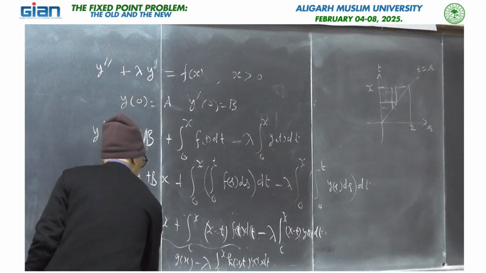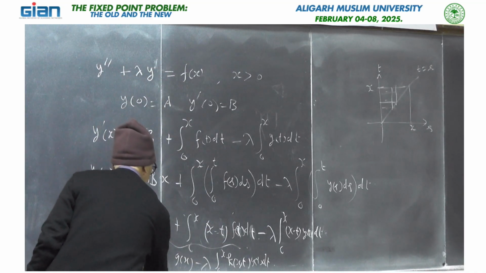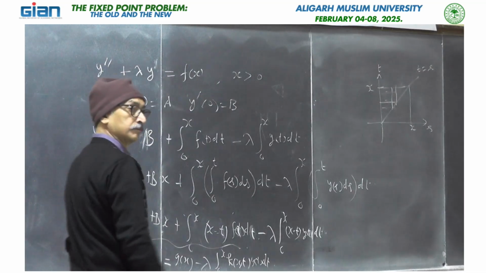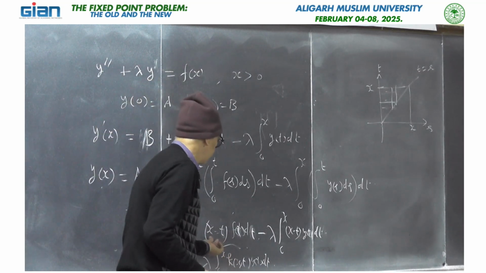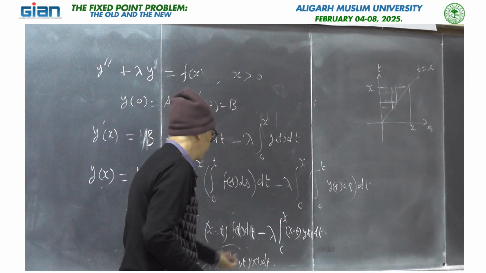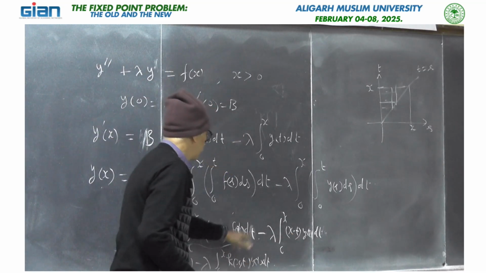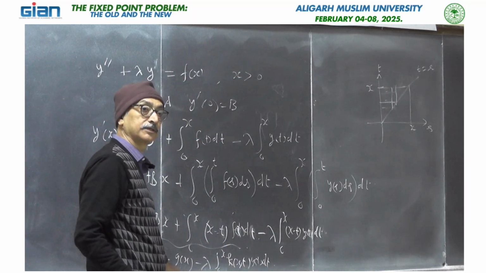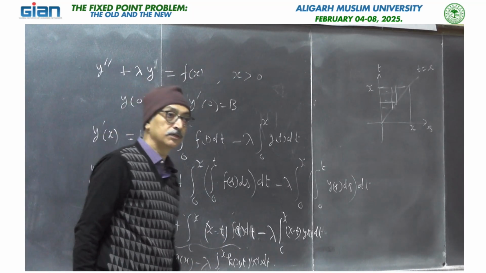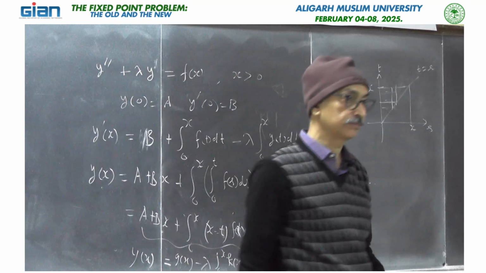So, what you have is finally this equation. That is a Volterra equation, and here k(x, t) is nothing but x minus t. Okay. This is everything as a function of x, which we write as g(x) here. So, that is a Volterra integral equation.